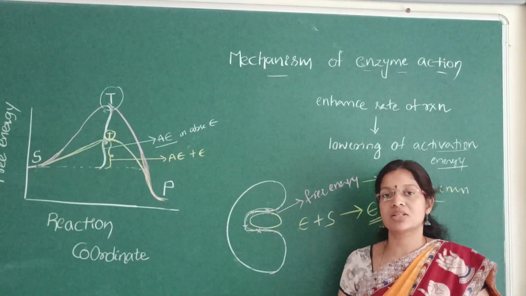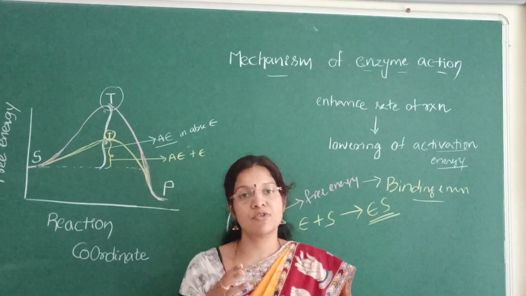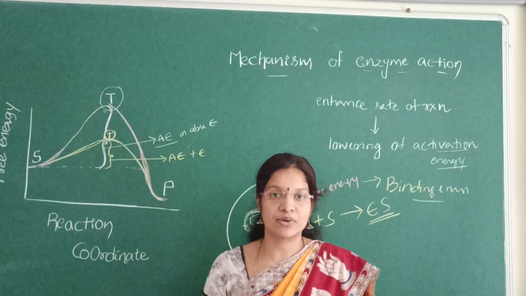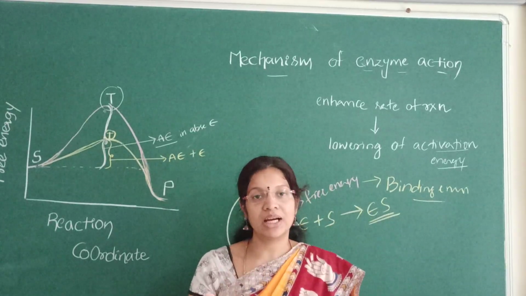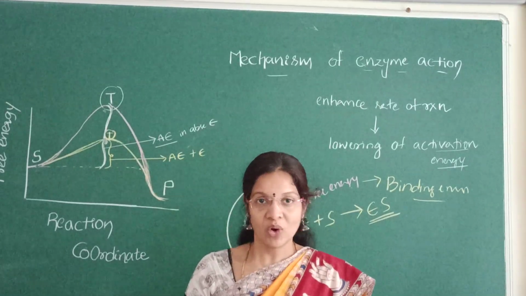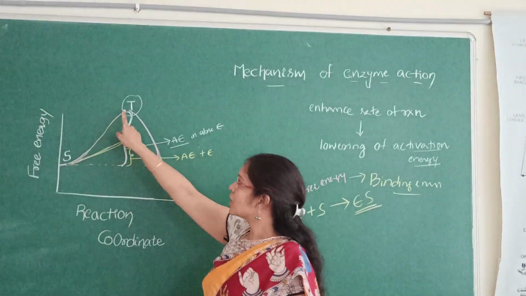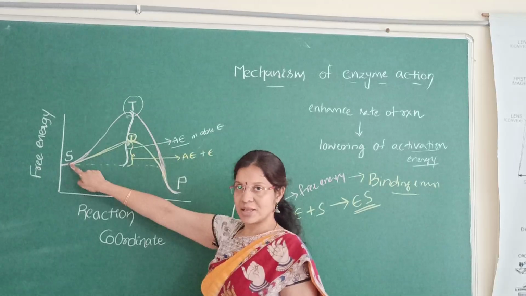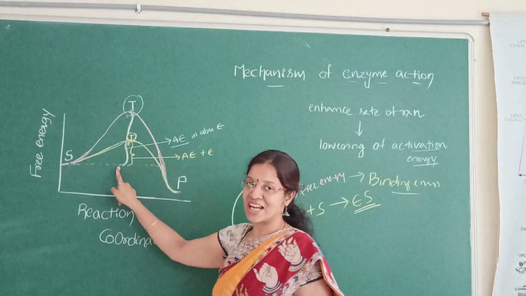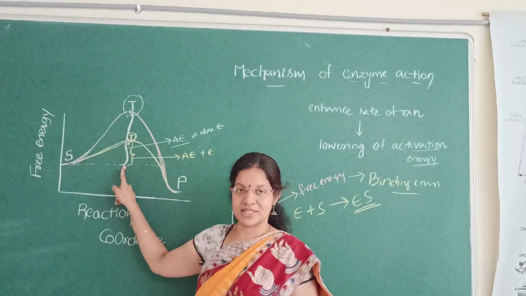To make this concept a little simpler, I will give you an example. Say you want to buy a book worth 100 rupees. To buy it, you have to earn 100 rupees. This is like when you want to move your substrate to the transition state, you require some amount of activation energy, say 100 rupees.